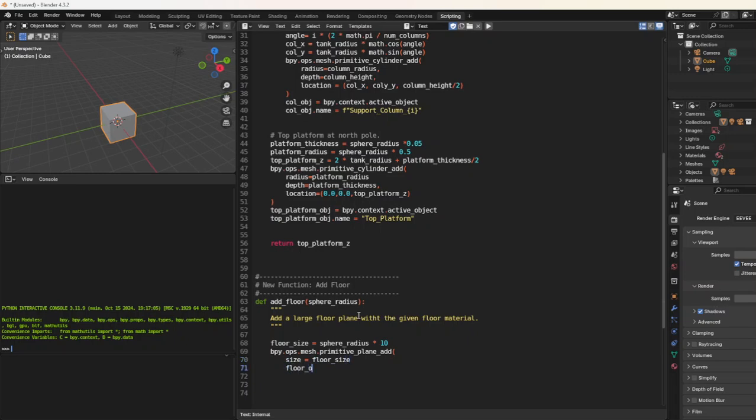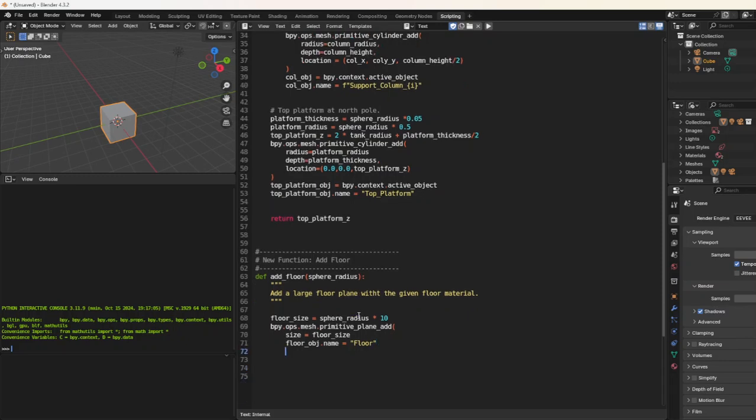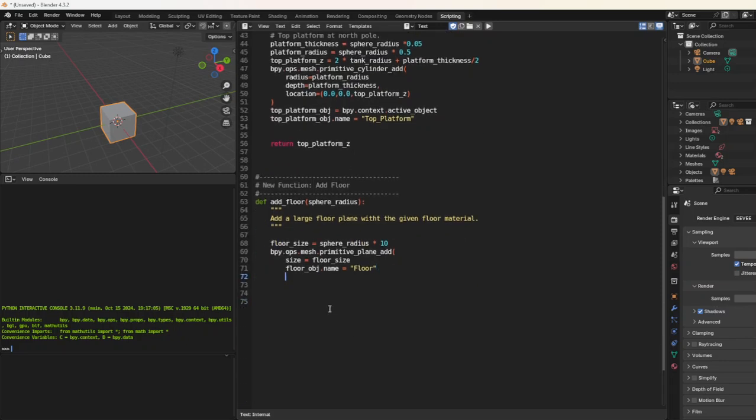The object is going to be the floor. Location is 0, 0, 0, because it's going to be so big, it's going to be everywhere. Okay, now let's just name it.